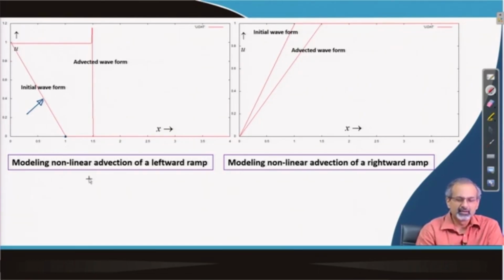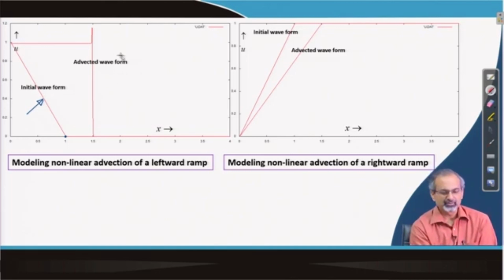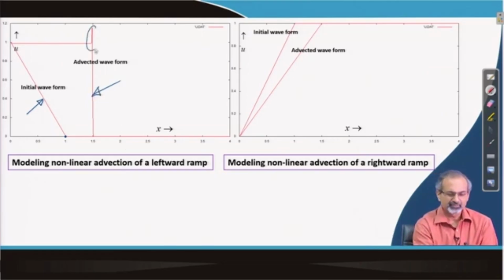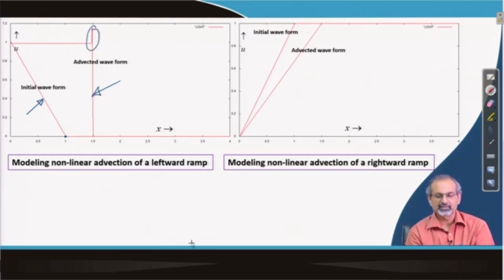That means u reduces linearly to a value of 0 over a unit length. Now, if you allow this as an initial waveform, then allow the Burgers' equation to solve this problem, it leads to a sharp wave front like this, again with an oscillation here because Lax-Wendroff has been used, but if you ignore that part you can see a sharp wave front.